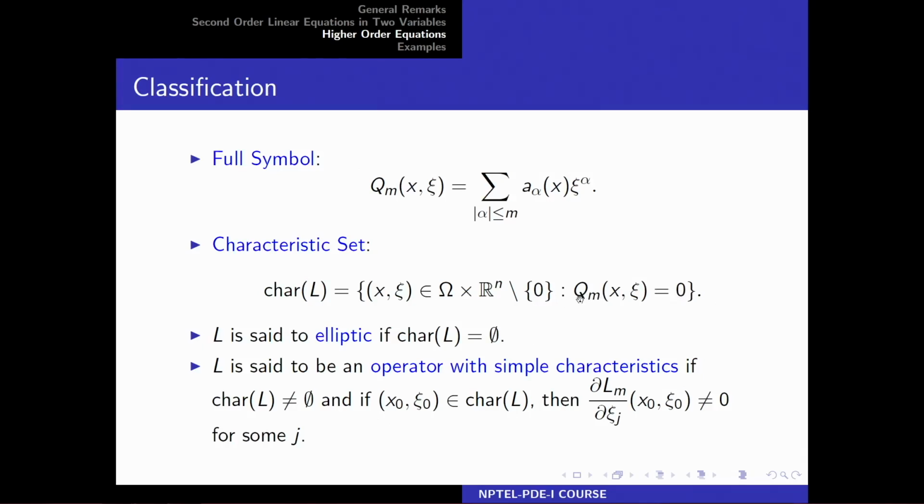So, you are considering the roots of the quadratic equation, and we know that that quadratic equation does not have a real root if AC minus B square is bigger than 0, and we called it elliptic, and so that is the only thing we can immediately define. So, L is said to be elliptic, this is the definition, if this characteristic set is empty. So, it does not have any real zeros.